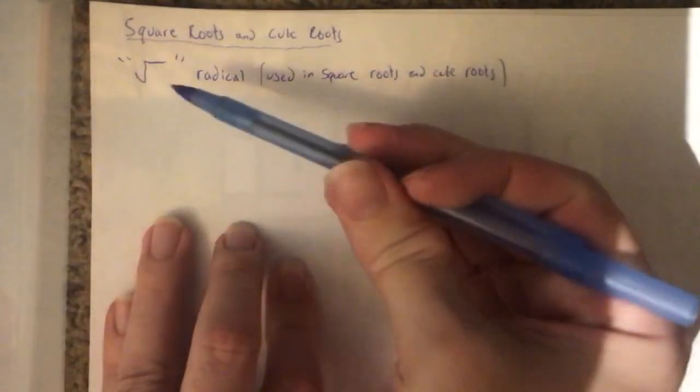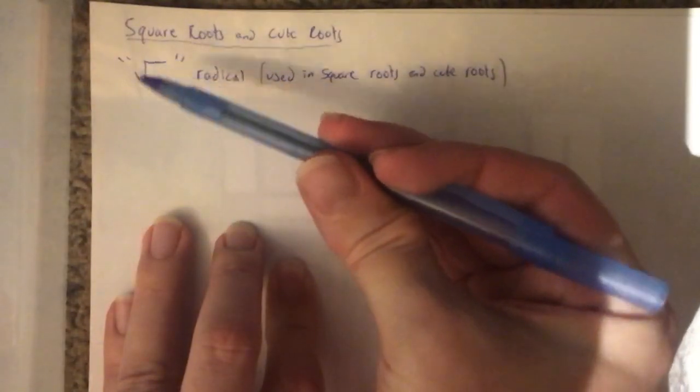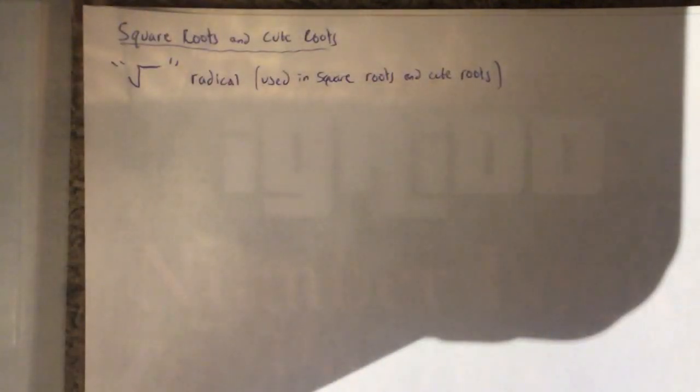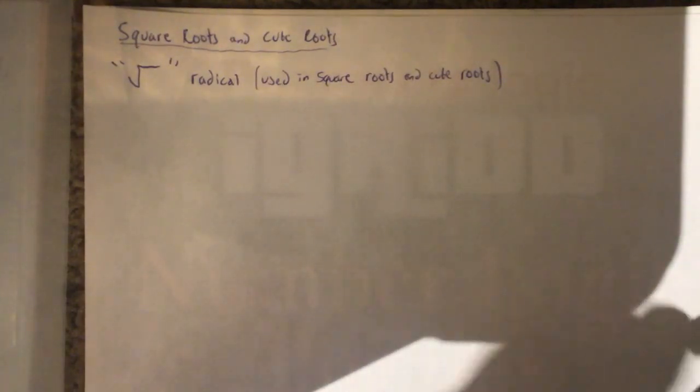When we get to cube roots, you'll see a little 3 next to it, but whenever we deal with square roots and cube roots, you will see this radical. It's read as either the square root or the cube root, which you'll see later on. Now we'll get into some more definitions.